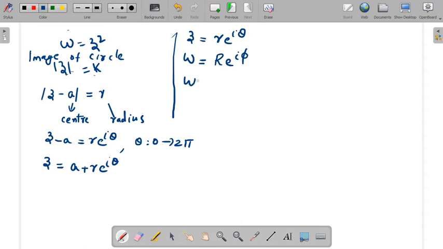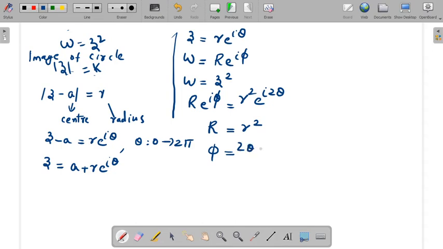അപ്പോൾ w equal to z square implies R e raised to i phi equal to r square e raised to i 2 theta, right? Or in other words, R is equal to r square and phi should be equal to 2 theta.